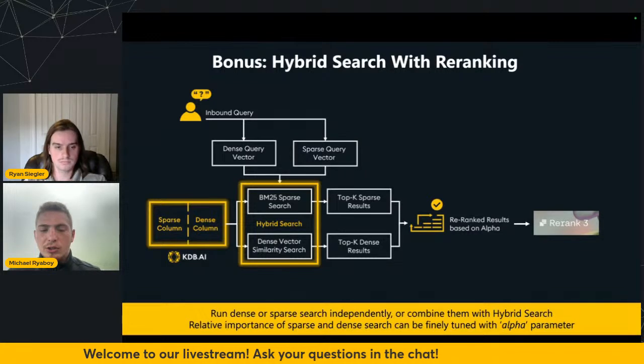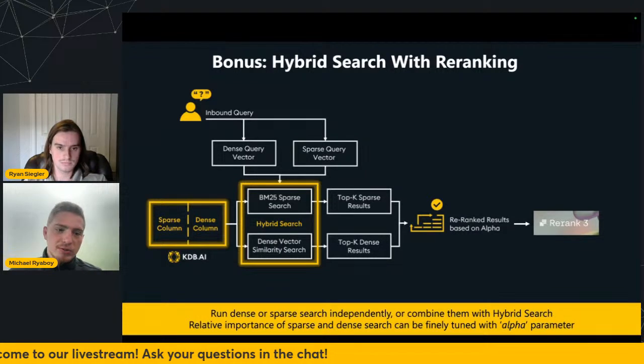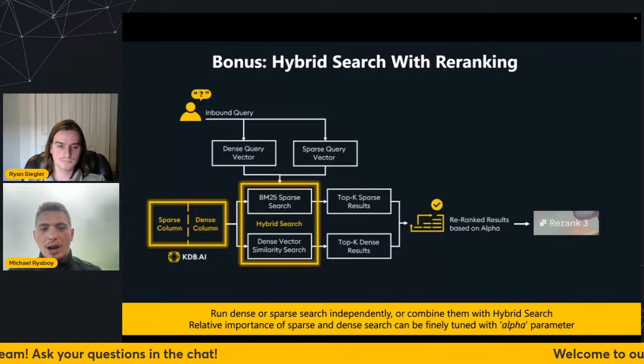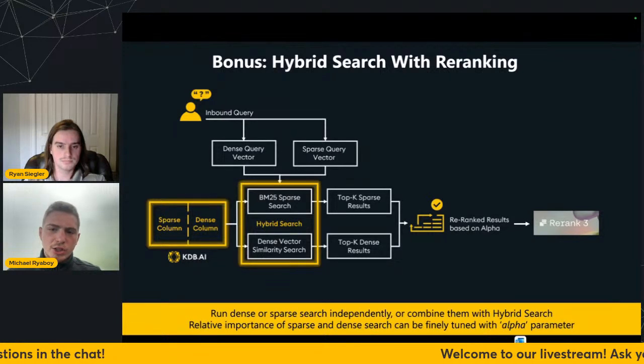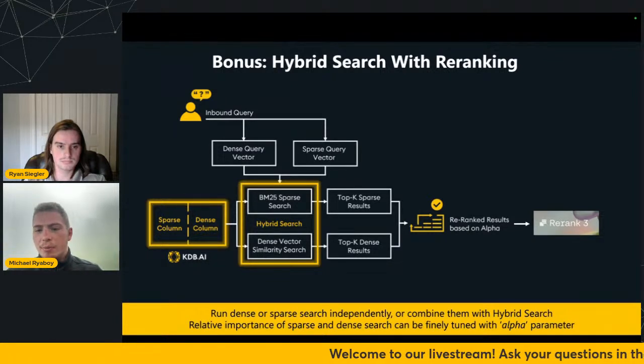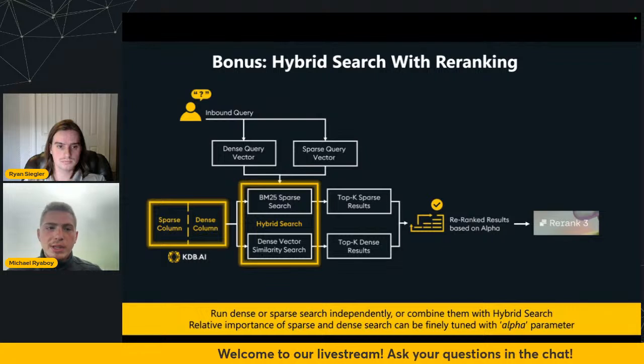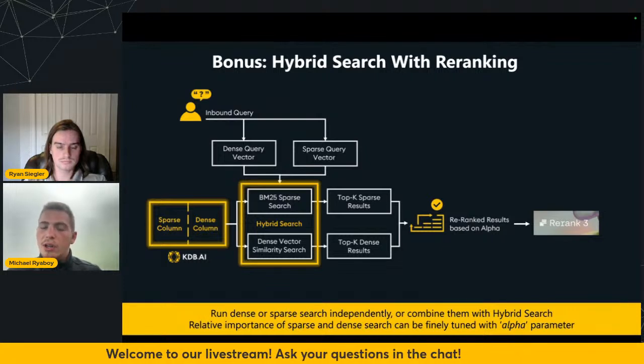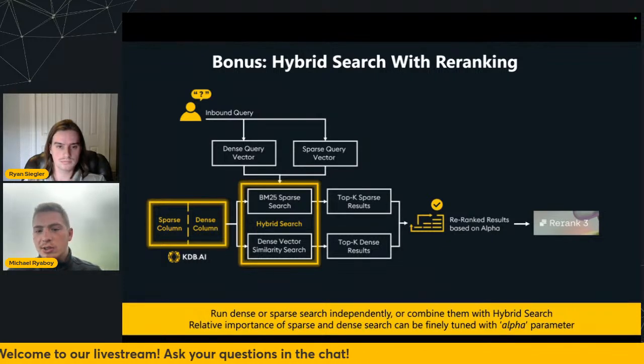But we could use what we learned previously to improve this further. So we have this hybrid search system, but we could just re-rank on top of it and get even better performance. What this means is that this system is very unlikely to miss the 1,000 most relevant documents.